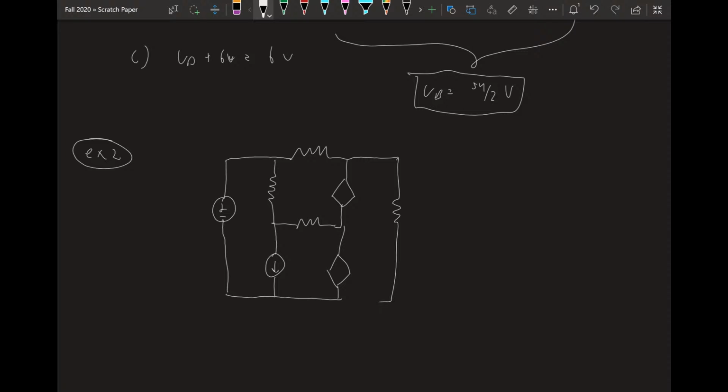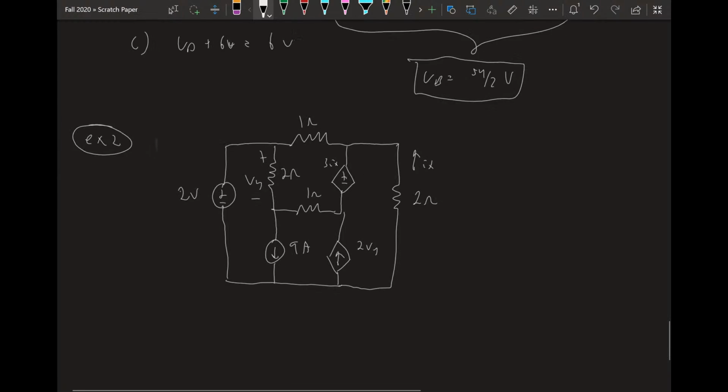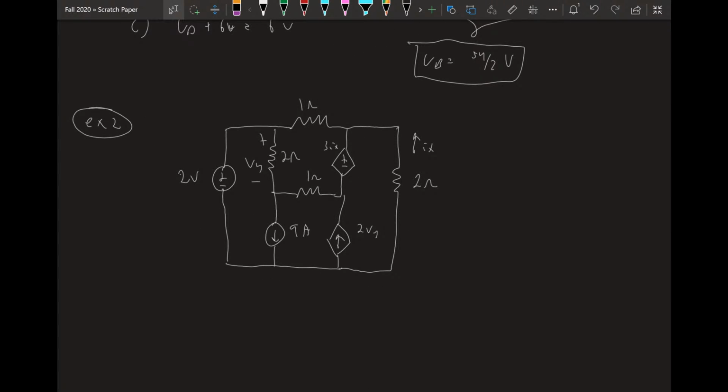And one resistor. 2 ohms. Call this Vy. 3Ix. Here's Ix. 2 Vy. 9 amps and 2 volts. Okay, so here's the circuit. We're going to say that I didn't miss anything, right?